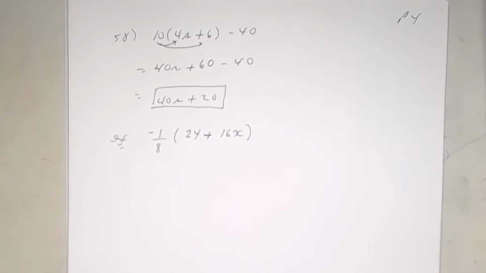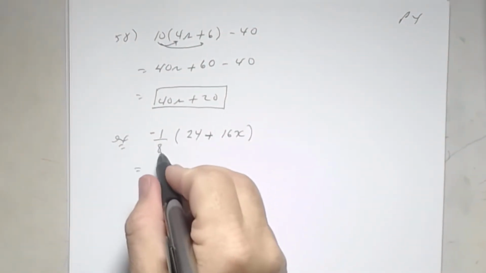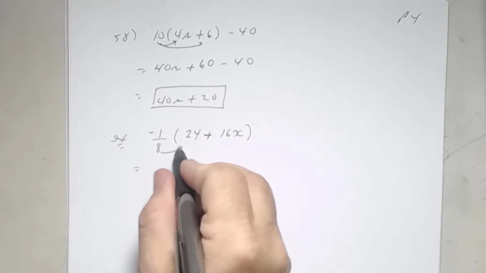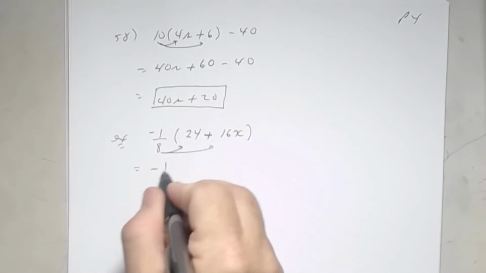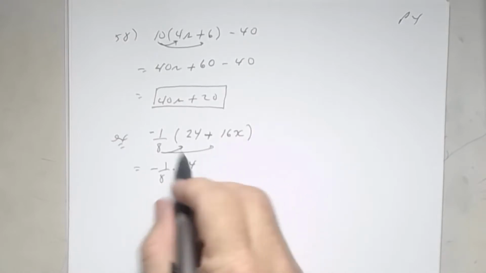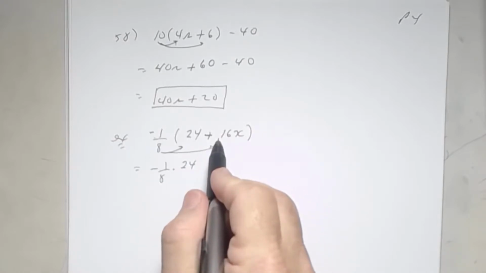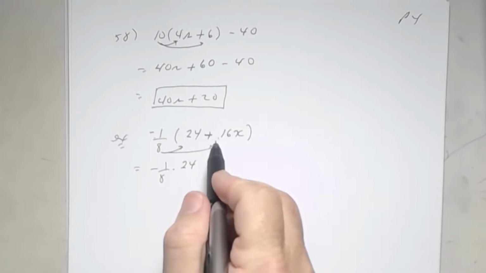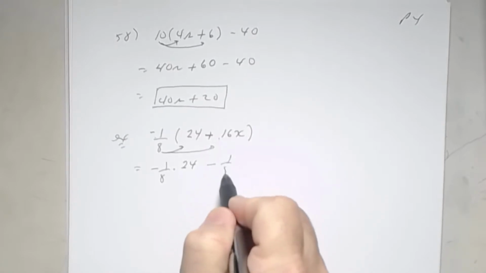So again, we're dealing with a fraction. If you have to write in that next step, write it in. So now what property am I using? Distributive. So you say negative 1/8 times 24. And a negative times a positive is a negative, so you say minus 1/8 times what?